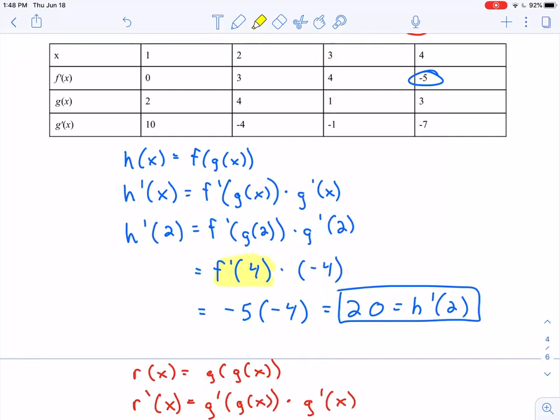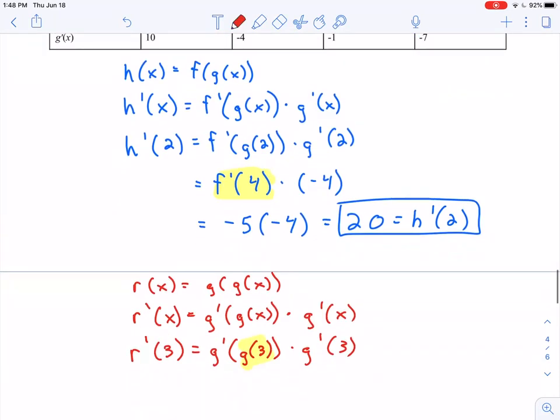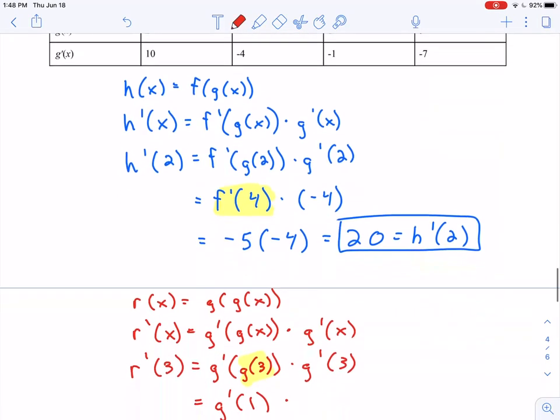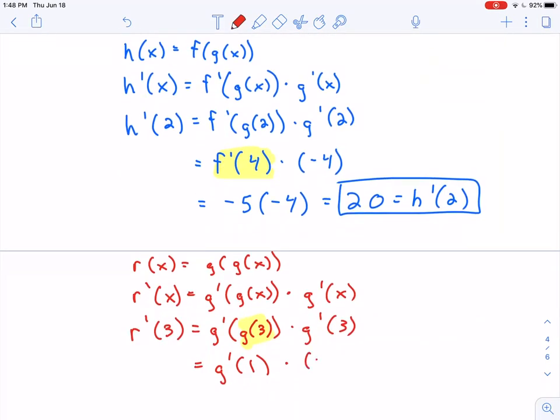So g of 3 is equal to 1. So this is really g prime of 1 times g prime of 3. When I have an input of 3, g prime of x is negative 1. So times negative 1 is my output here. Still need to go find g prime of 1 though.